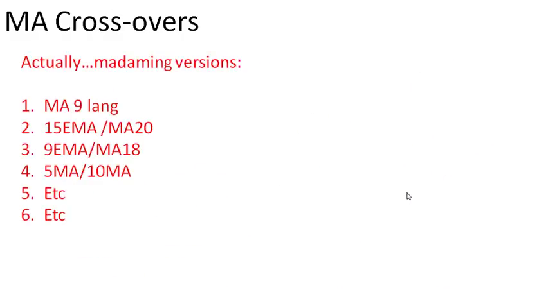So sa moving crossovers, maraming version, pero may gumagana sa mga stocks, merong hindi. So, you just have to look for kung ano yung gagana sa'yo, no? Kung moving average crossovers ang gagawin mo. May mga makikita ka dyan, MA9 lang ang gamit.